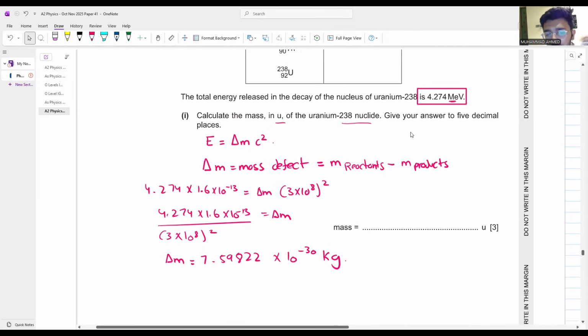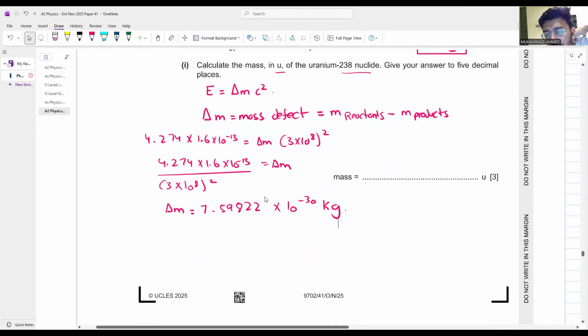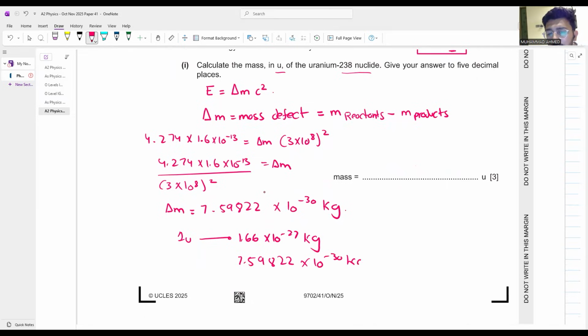Okay. Now you have to convert it into U as well. आपने इसको U की terms में भी convert करना है. How will you do that? 1 U is equal to 1.66 × 10 raised to the power of minus 27 kg. ये किसके इक्वल हो जाएगा? 7.59822, 5 decimal places, × 10 raised to the power of minus 30 kg is equal to how many U?